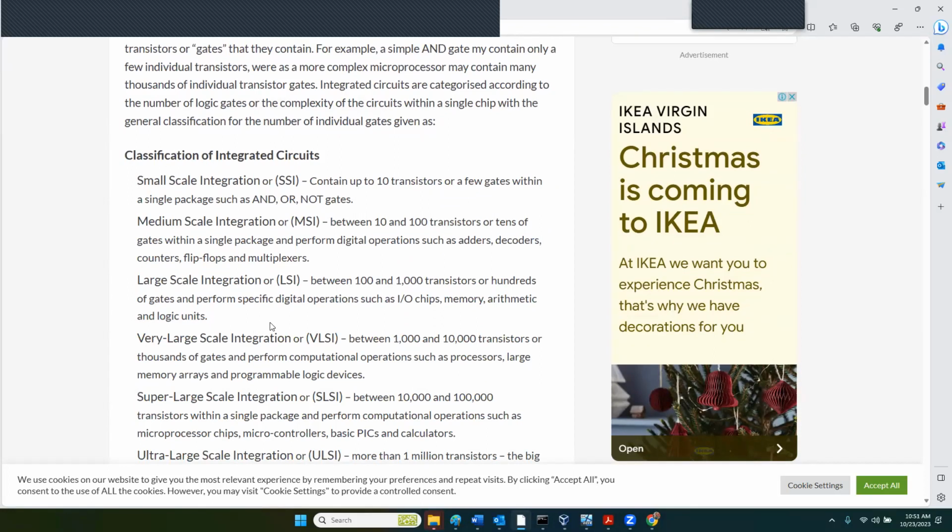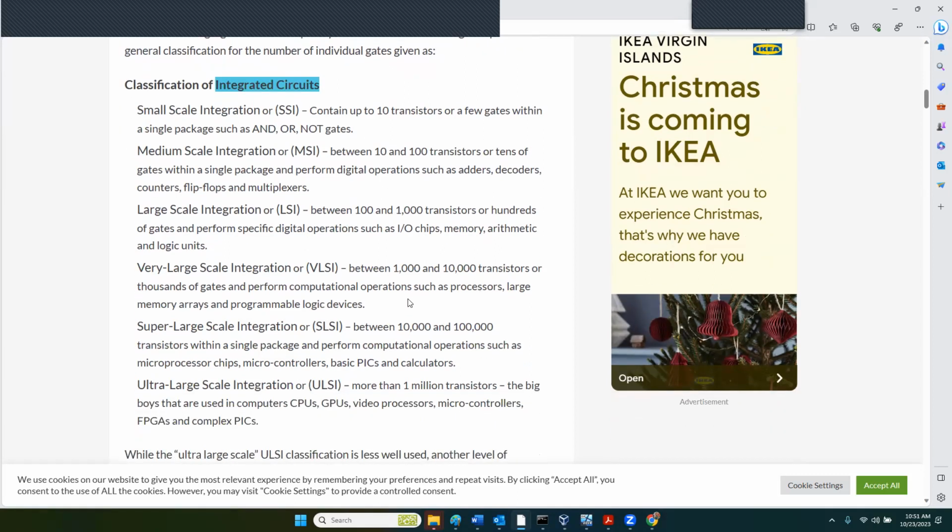When we talk about integrated chips or integrated circuits, there's a series of acronyms that you need to become familiar with, okay? So in the early days when we had TTL integrated circuits, this was considered to be small scale integration.